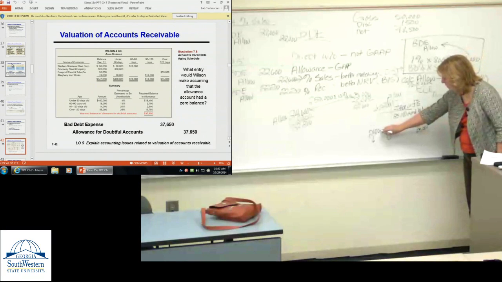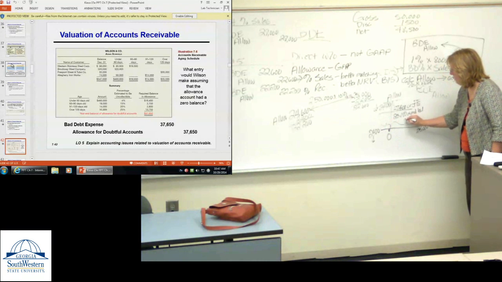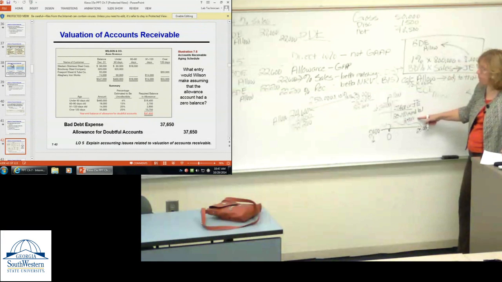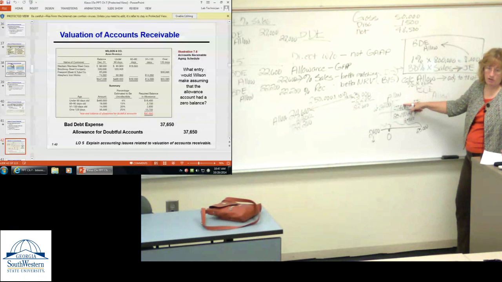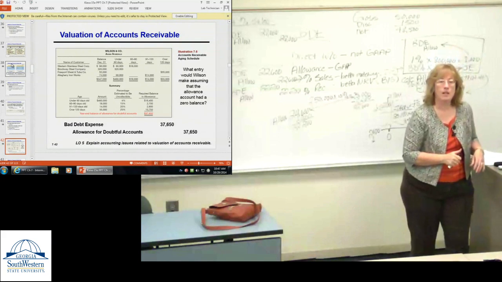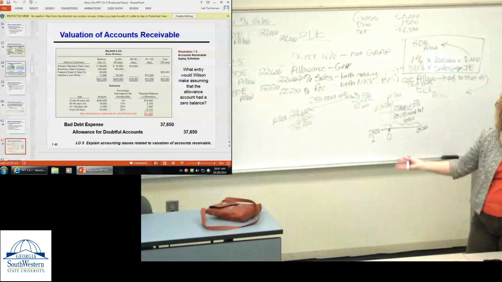So we have to go this far of 2,400 and then this far of 25,000, to a total of 27,400 journal entry to get to 25,000. Okay? Because when it's a debit, it's considered negative, basically. Right, opposite of its normal value.